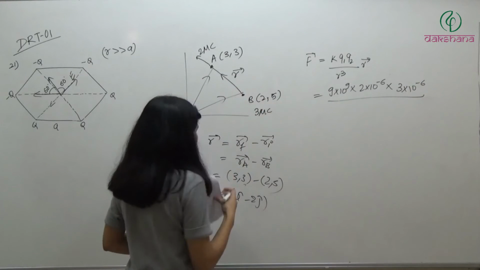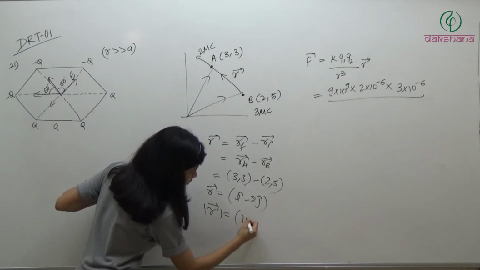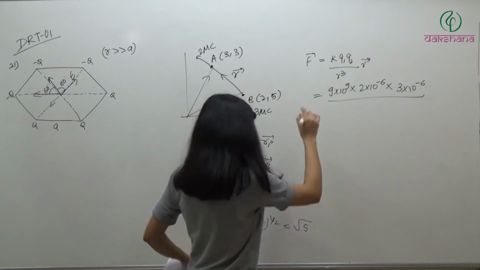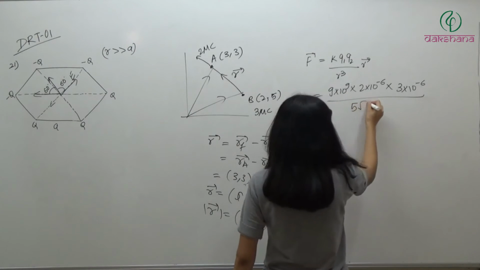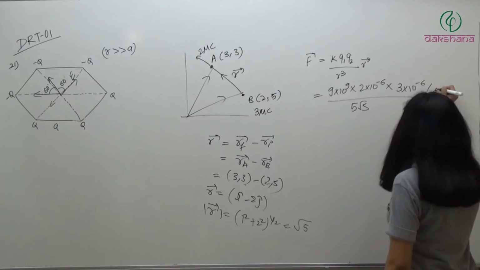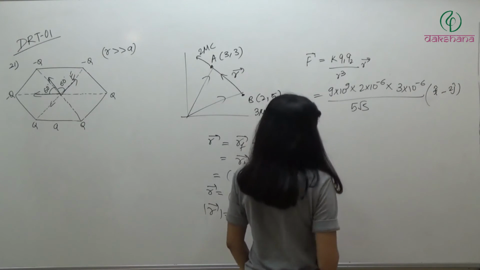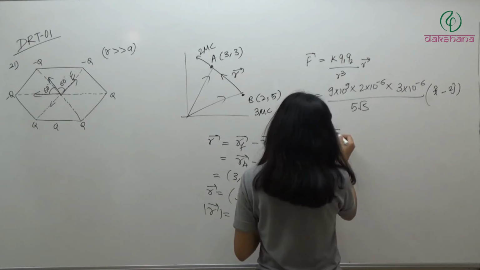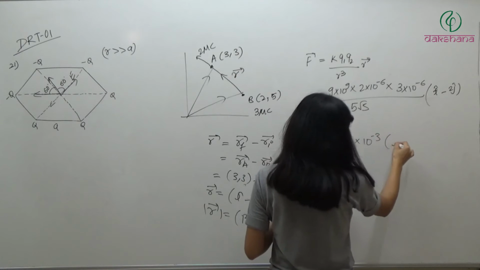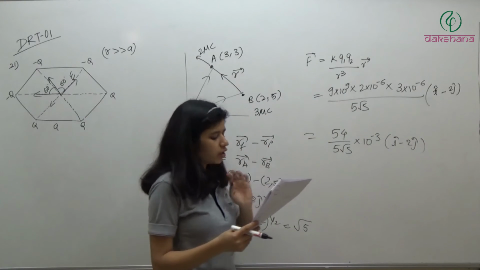Now magnitude कितना होगा? This is r. So mod of r will be equal to (1 square plus 2 square) to the power half, which is equal to root 5. So root 5 की power 3, it means 5 root 5, into r vector. So r vector is i cap minus 2j cap. So from here if you do this, 54 divided by 5 root 5 into 10 to the power minus 3 into (i cap minus 2j cap) will be the answer. It is given in the second option.